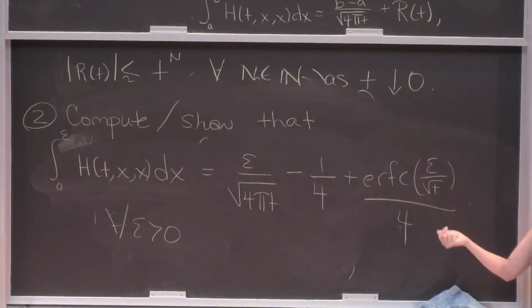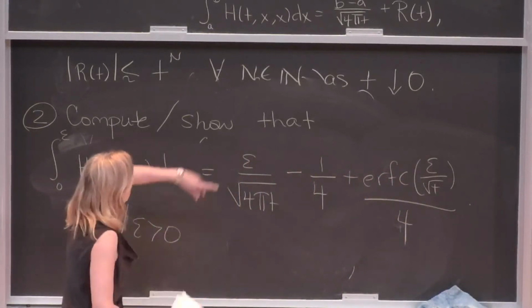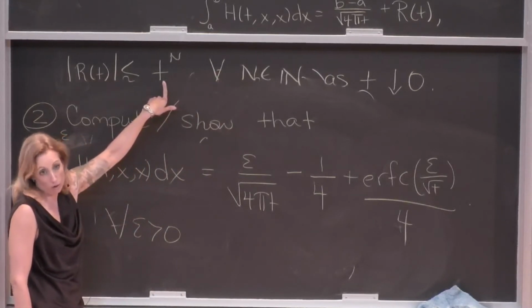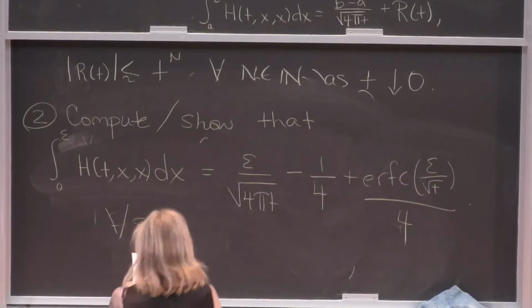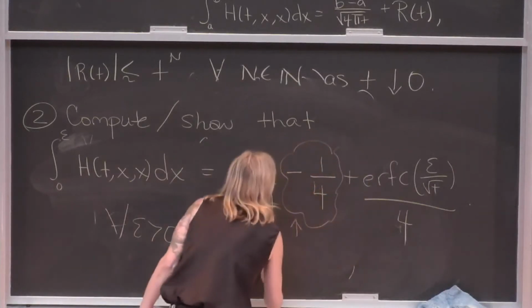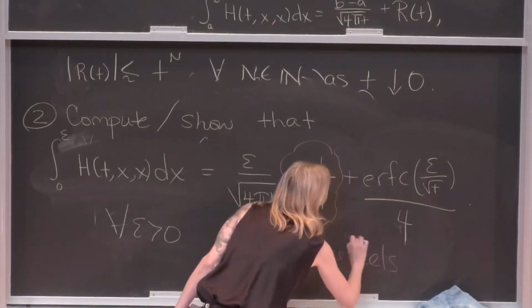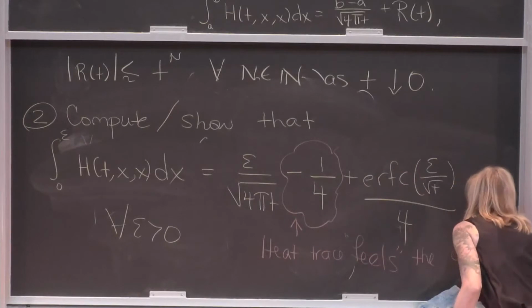So it's like the heat trace feels that boundary. And by the way, erfc of epsilon over square root of t also satisfies this very, very quick decay as t goes to 0 for any epsilon greater than 0. Okay? So in this sense, my heat trace feels the boundary, or I'll think of it as a corner, okay?